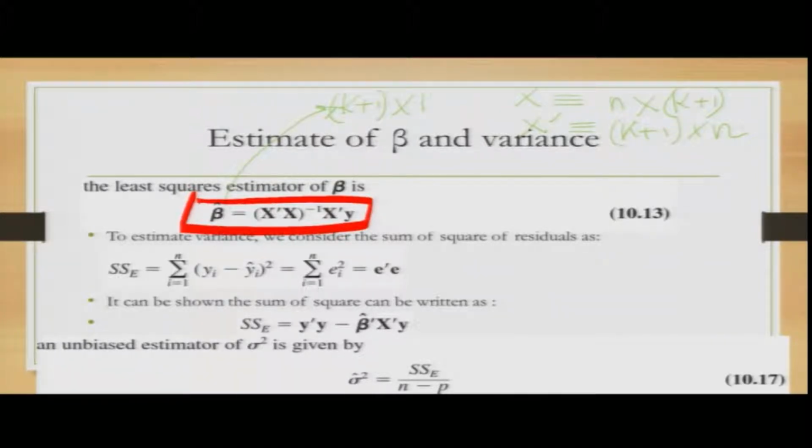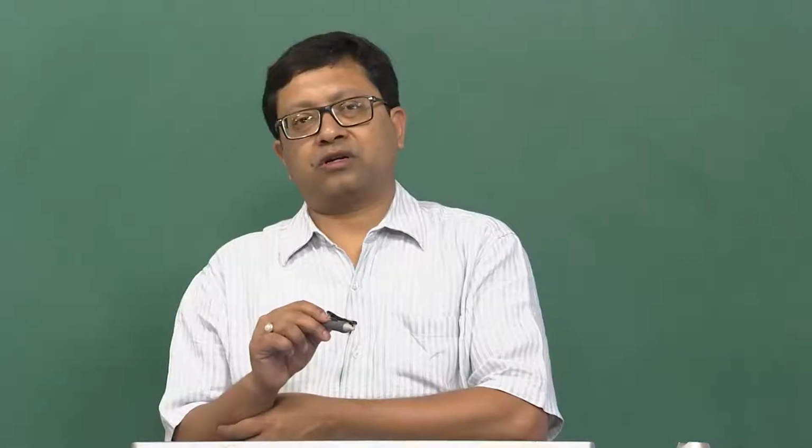Now let us go one by one. For the first term, x transpose into x, the size would be k plus 1 cross n into n cross k plus 1. Obviously, n is not there, it will be of size k plus 1 cross k plus 1. So, an inverse of that would also be of size k plus 1 cross k plus 1.